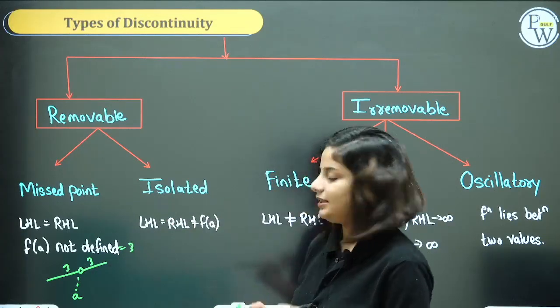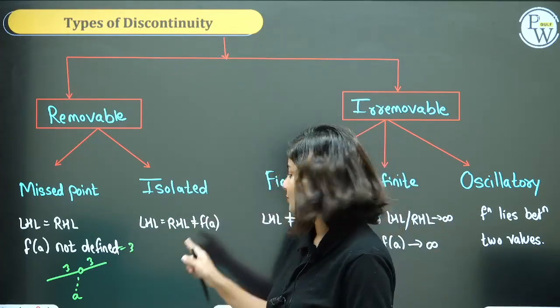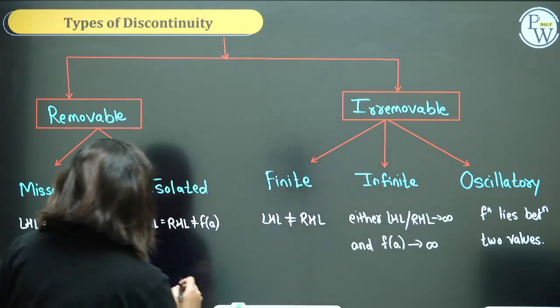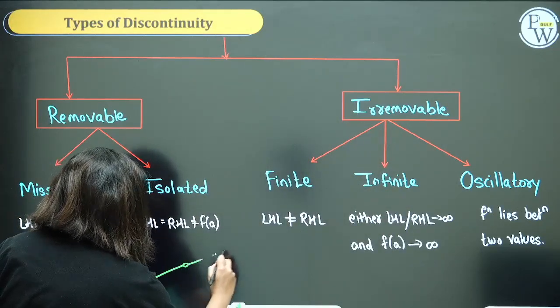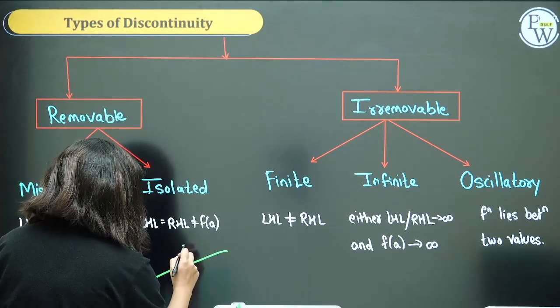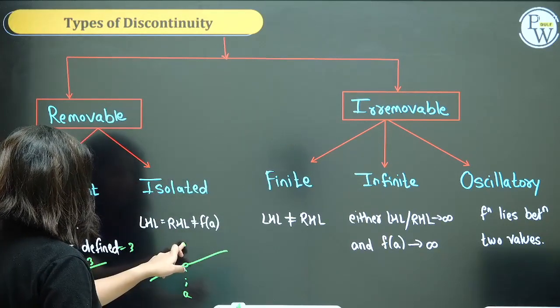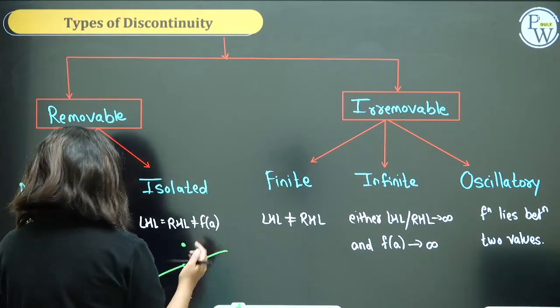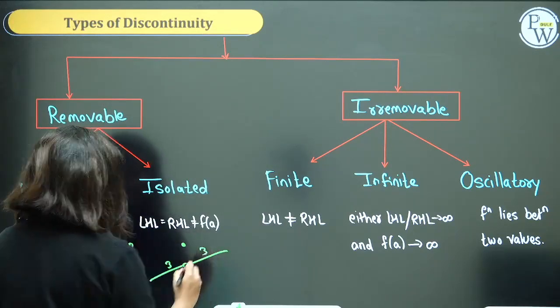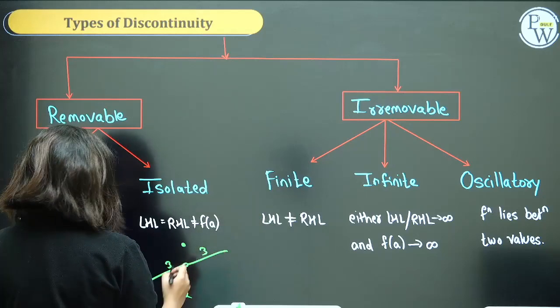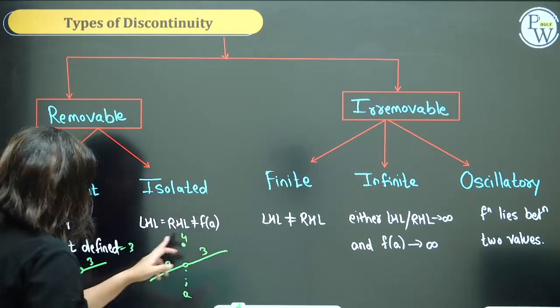Second, isolated. When LHL, RHL are equal but not equal to f of a. That means LHL nicely matches with RHL and f of a is somewhere over here. Can you see, at a the point is somewhere else, whereas LHL, RHL match. So LHL is 3, RHL is 3, but f of a, let's say it is 4.